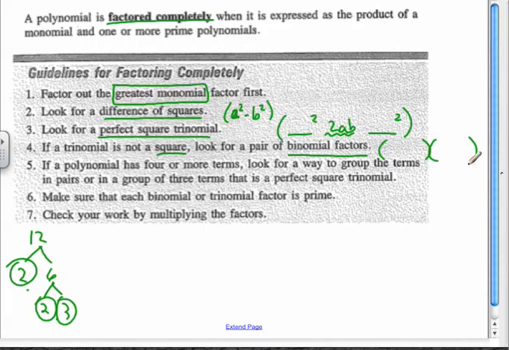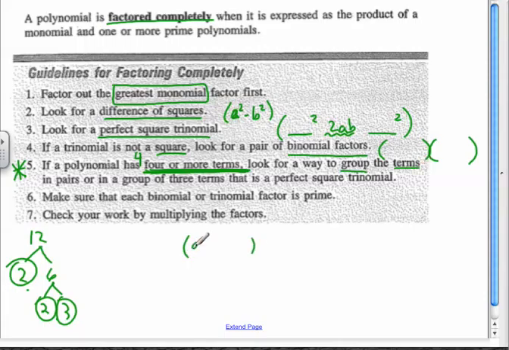Okay, now here's a key one, and this is one we haven't done yet. This is one that works with grouping, like the stuff that we were talking about in the first part of the introduction. If a polynomial has 4 or more terms, look for a way to group the terms. Okay, now today we're going to talk about grouping them into two terms.